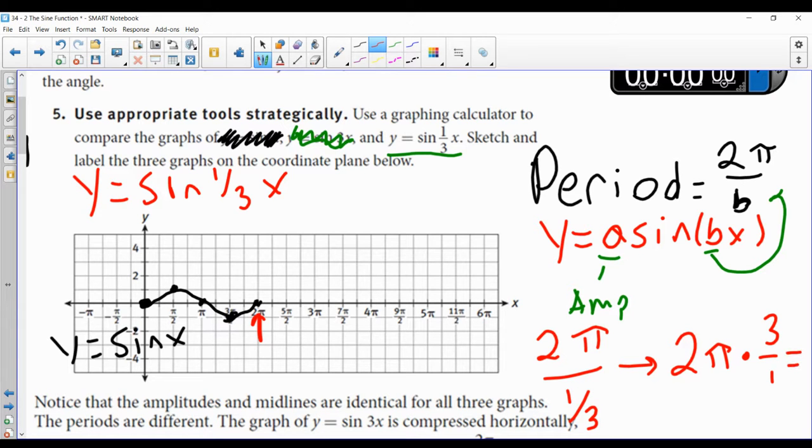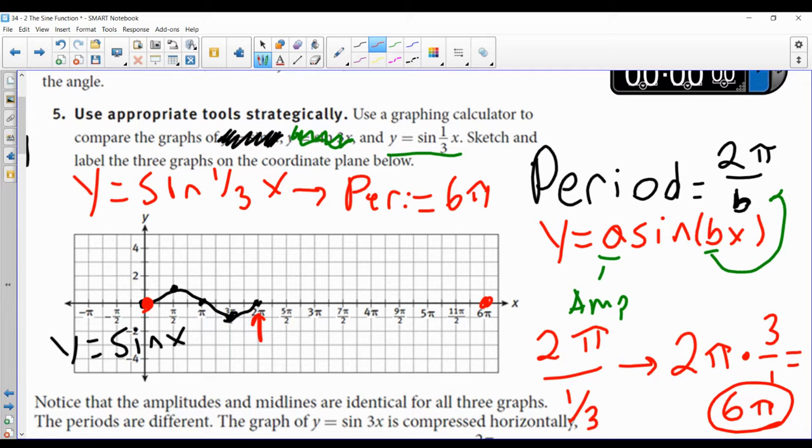Because of that, my answer comes out to be 6 pi, which is the period for the new function. Well, that's kind of insane because that means from 0, my starting point, all the way to 6 pi is going to include both one max and one min.